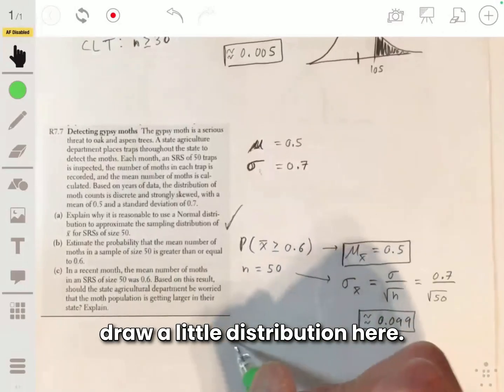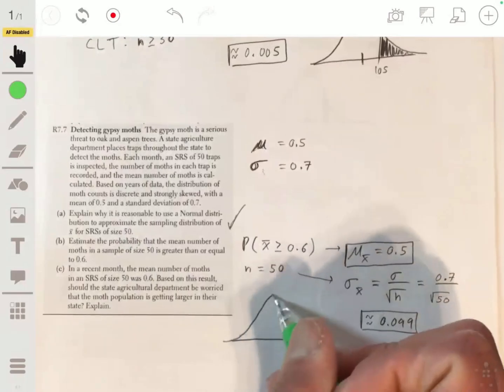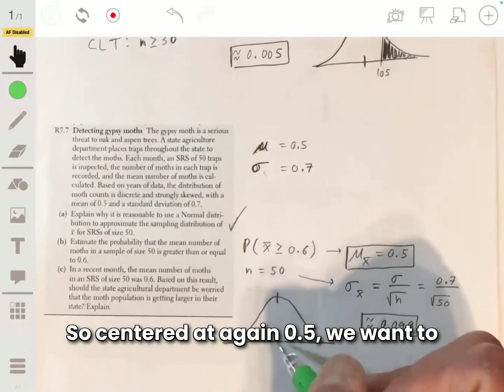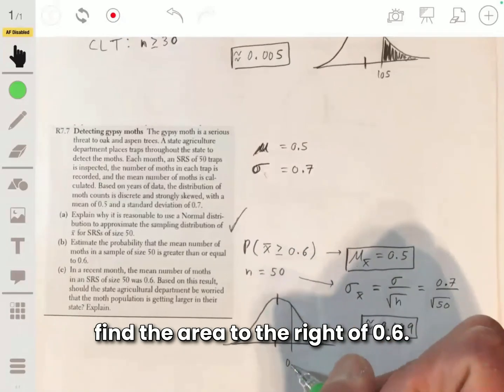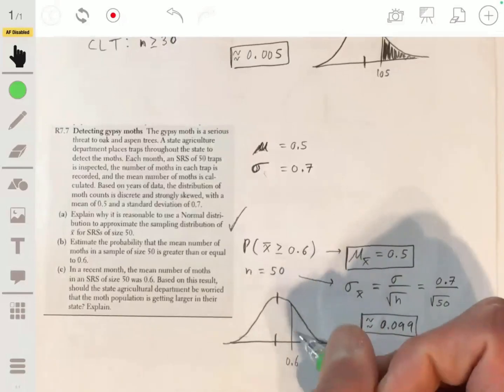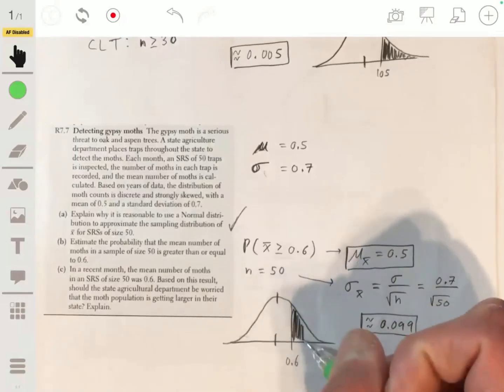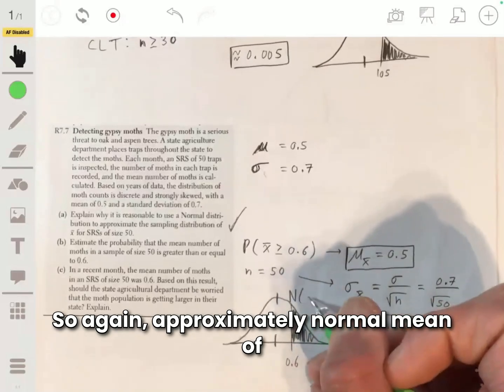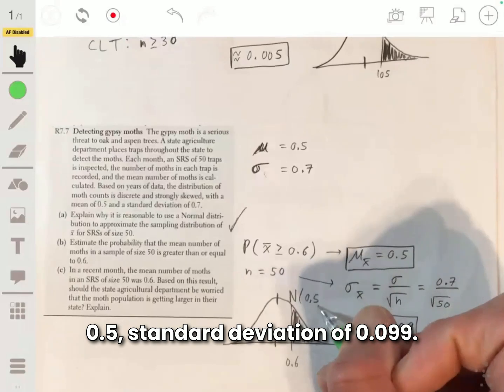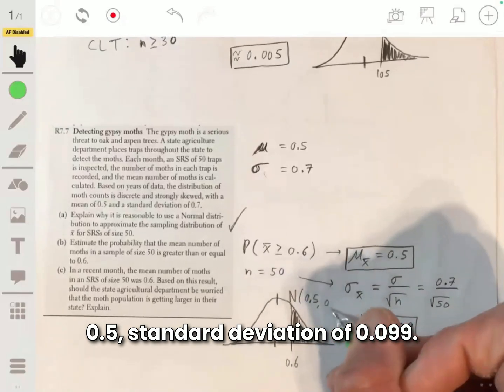So let me just draw the distribution here. Centered at again 0.5. We want to find the area to the right of 0.6. So again, approximately normal, mean of 0.5, standard deviation of 0.099.